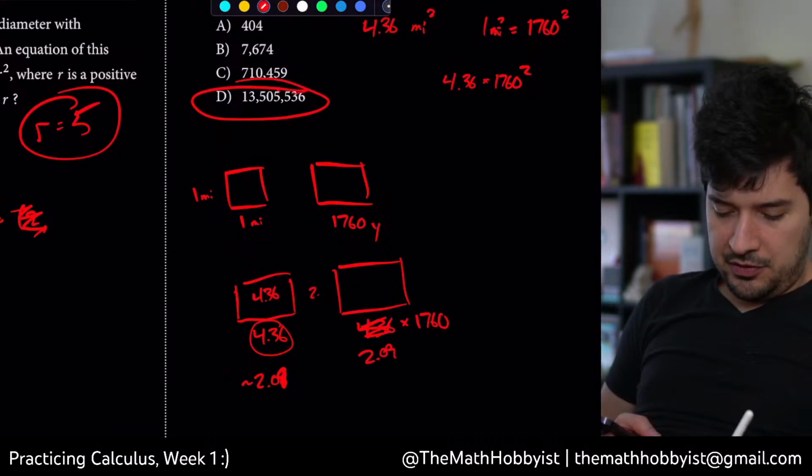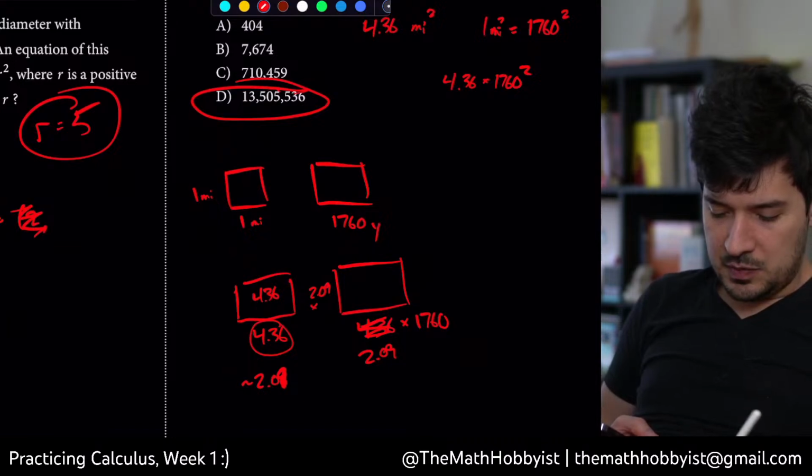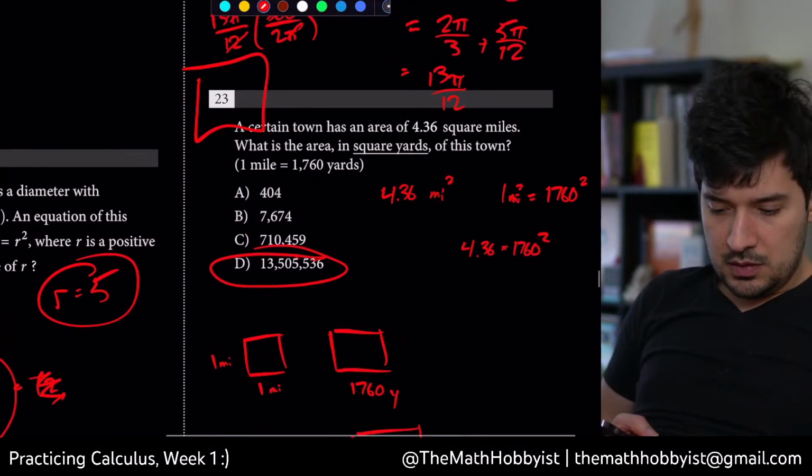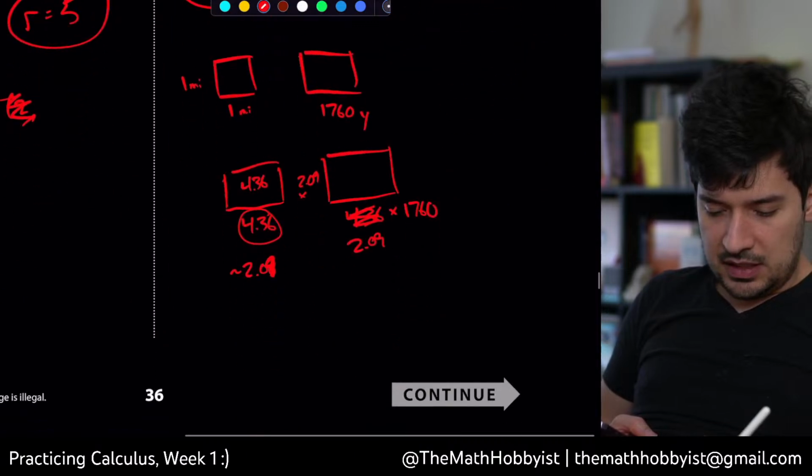But what really matters is that it's going to be 2.09 on both sides times 1760.